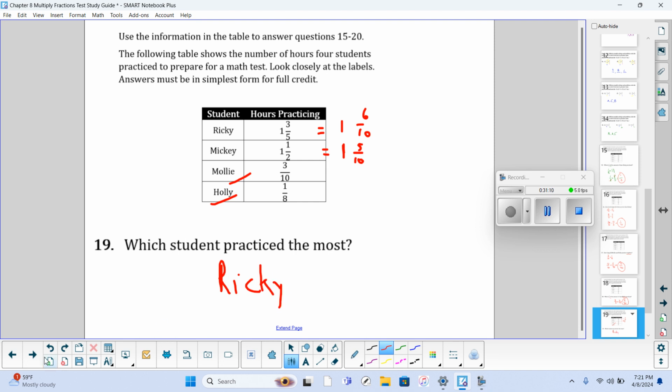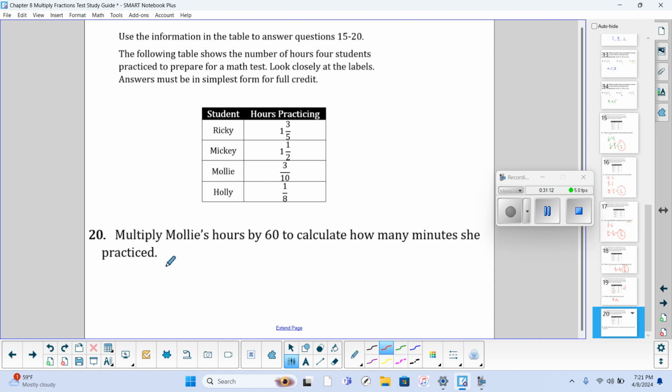And the final question. Multiply Molly's hours by 60 to calculate how many minutes she practiced. So it's basically just saying take her hours and multiply by 60. All right, 3/10 of an hour times 60, or 60 over 1, would tell us how many minutes she practiced. All right, let's talk about that.